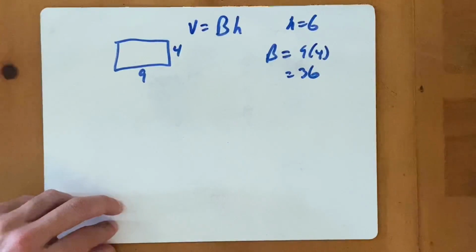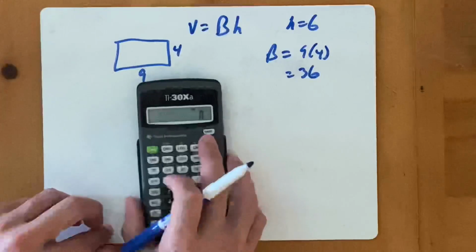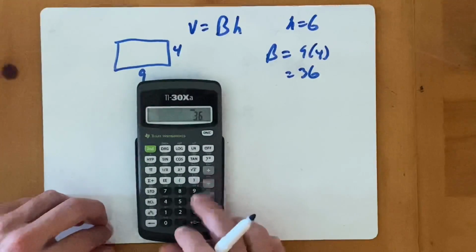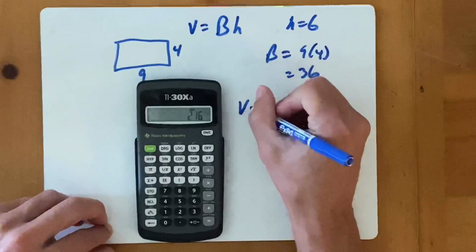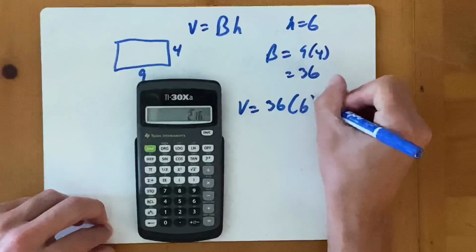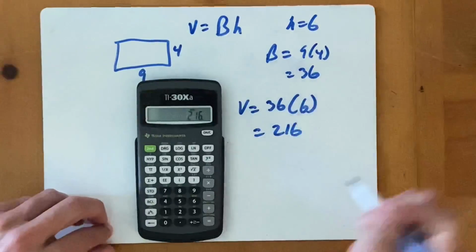In this particular case, we take the area of the base, which is 36, and multiply that times our perpendicular height, which is 6. So our final answer for this volume is 216 cubic centimeters.